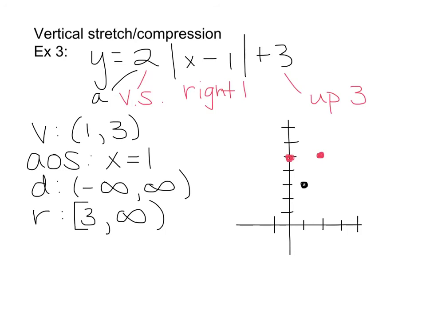So from my pink dot, I go up 2 and to the right 1. Okay, and then from this pink dot, up 2 and to the left 1. And then make your V.